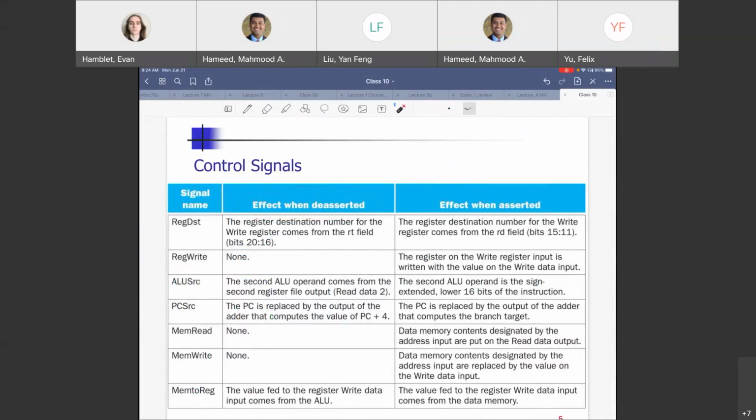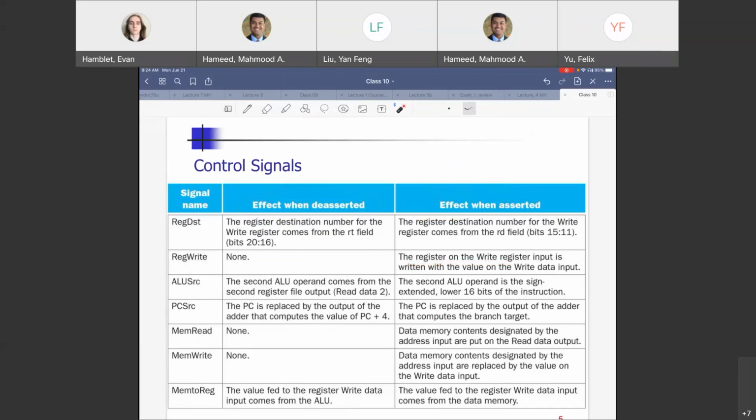When the register write is inactive, there is no effect. You are not writing to the register file. But when it is asserted, you are writing to the register file. What are you writing to the register file? Whatever is at the write data input. Write data input along with write register identifier, both have to be there, and then you make register write 1, you will be able to write to a register in the register file.